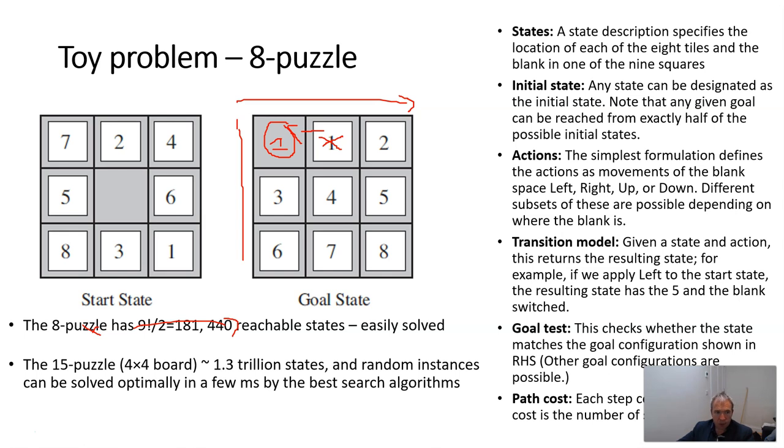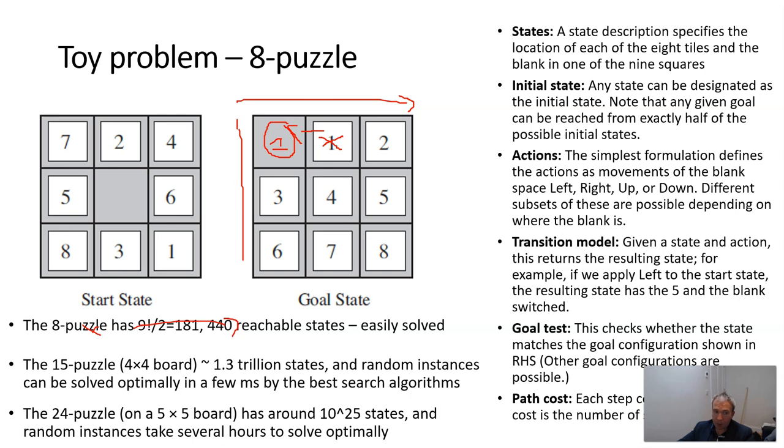But when this goes up to the 15 puzzle on a 4x4 board, it results in 1.3 trillion states. But again, random instances of the problem can be solved optimally in a few milliseconds by the best search algorithms. Then we go to the 24 puzzle on a 5x5 board, which is about 10 to the 25 states, and random instances can take several hours to solve optimally.